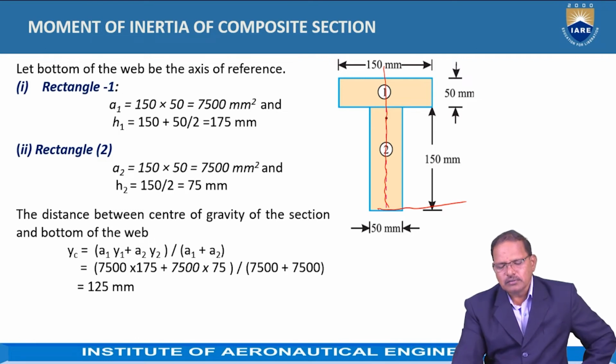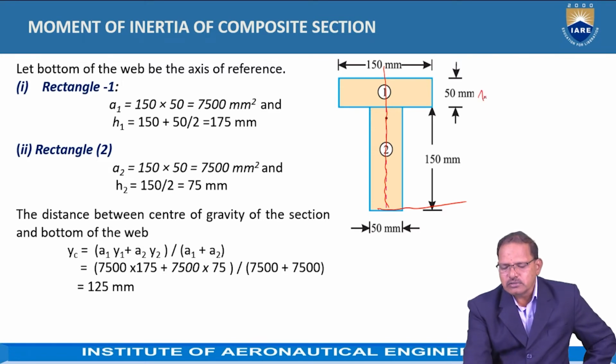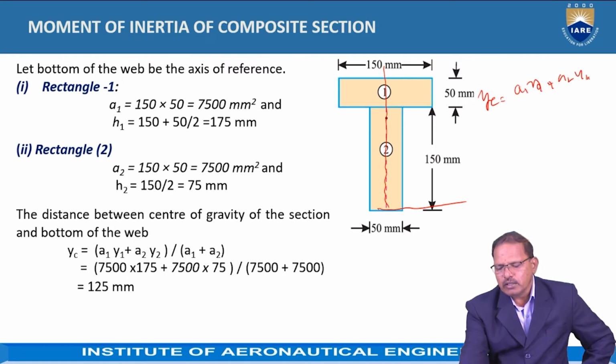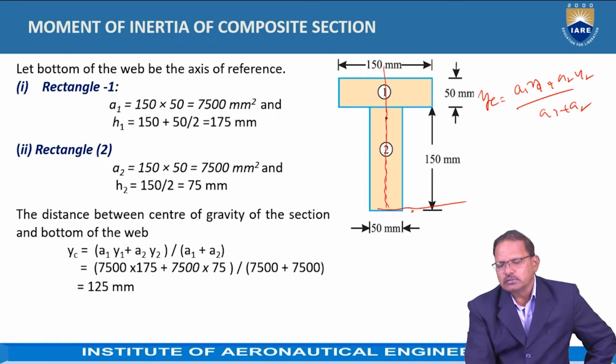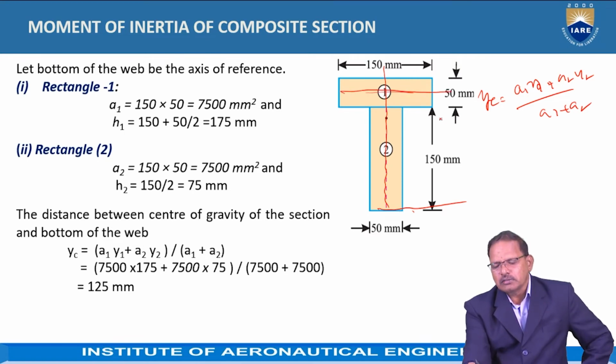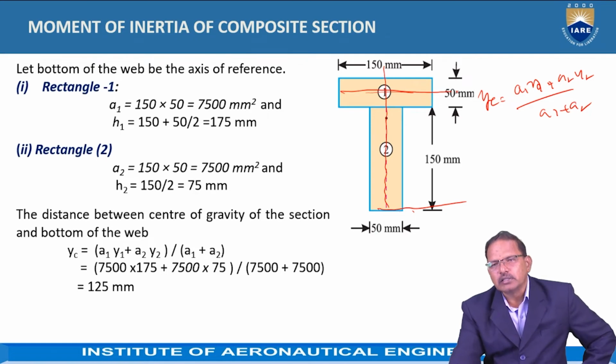Now for rectangle 1, since we require the position of the centroid, that is the y coordinate, yc is equal to, what is the equation we are having? a1 y1 plus a2 y2 divided by a1 plus a2. Where a1 is the area of the first section, y1 is the position of its centroid from the bottom. The centroid passes through half the width of the flange, that is 50 mm, meaning 25 mm.